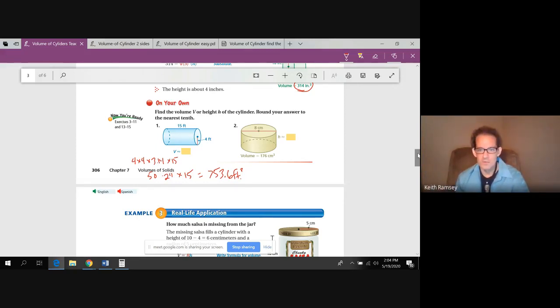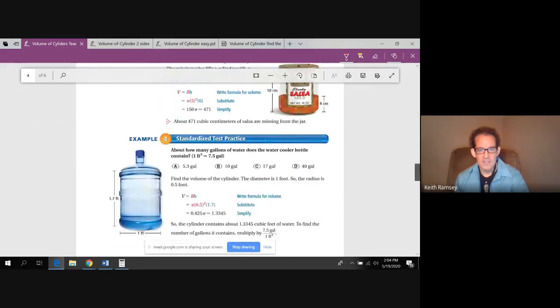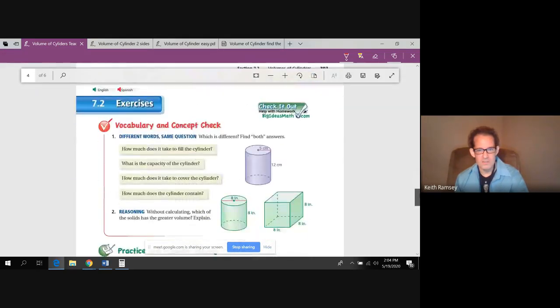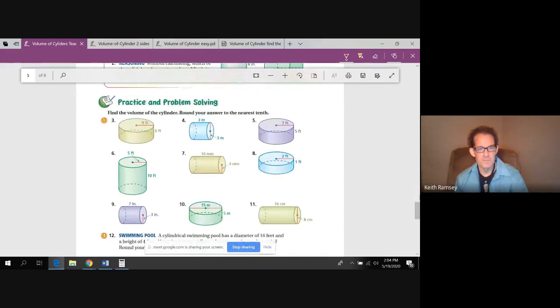Let's look at a few more down here. Again, I would recommend that you have some paper to look at some of these examples with me. Okay, so for number 3, the radius is 9. So let's write out our formula. To find the volume of a cylinder, I'm doing radius times the radius times pi times 6.